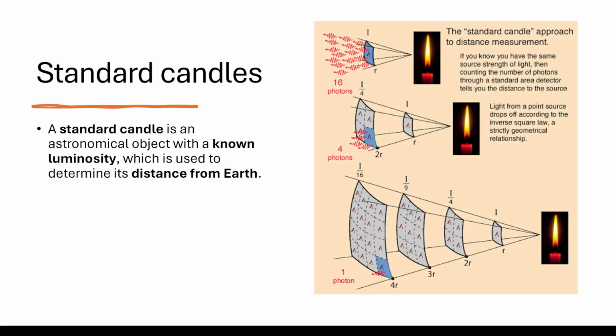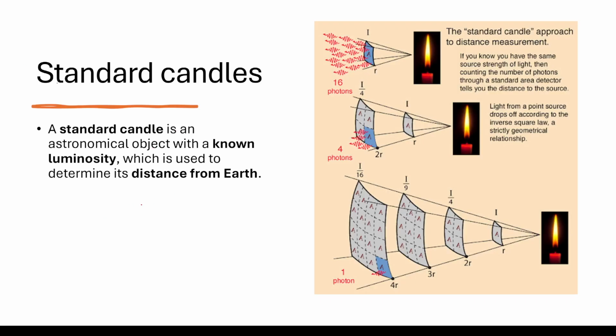Okay, so now standard candle. A standard candle is an astronomical object whose luminosity is known to us. We know what the luminosity of the standard candle is, and we also know its distance from earth. So anything whose luminosity is known to us is a standard candle.